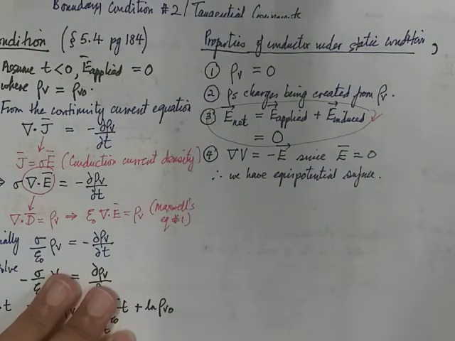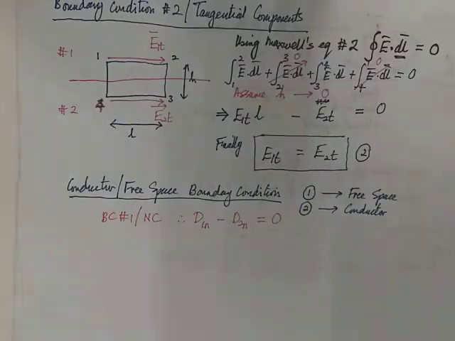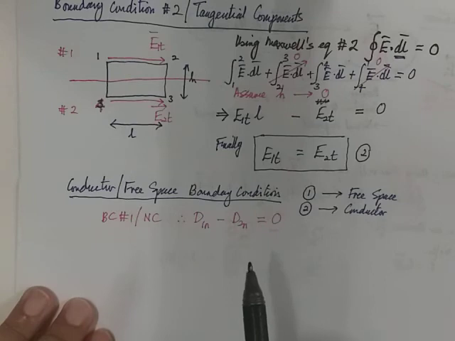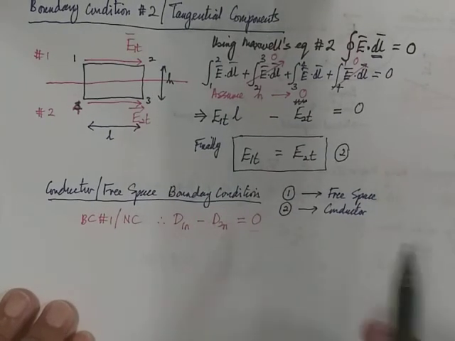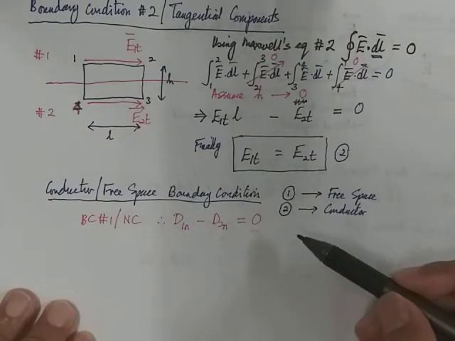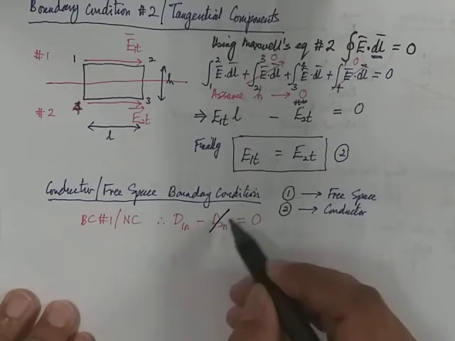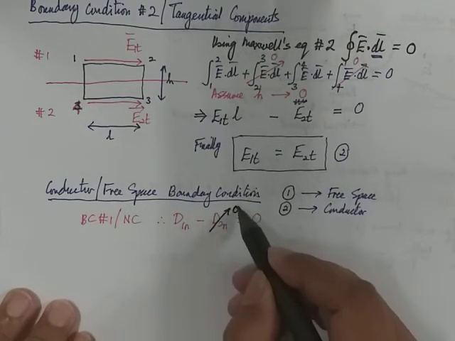Statement number 3 states that the E in the conductor will be equal to 0. Correct? So let's relate that to our equation. The medium of the conductor is which number? Number 2. So we are saying now that for a conductor, D2 must equal 0.